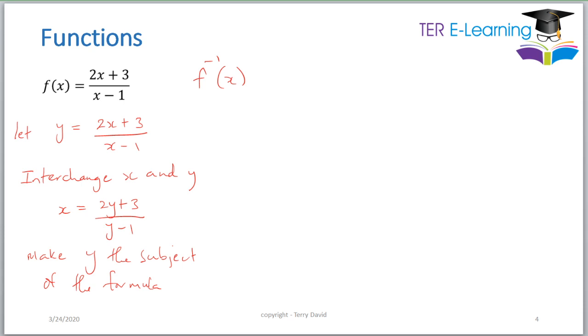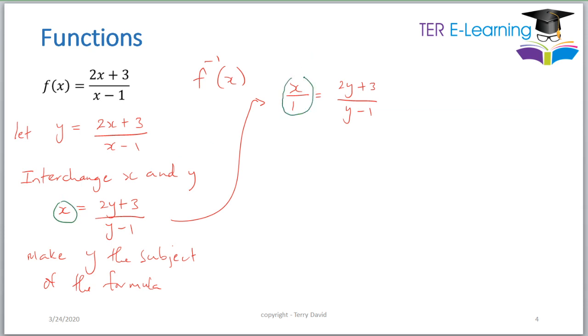Let's move across here and let me show you what I'm doing. We can write x as x over 1 is equal to 2y plus 3 all over y minus 1. I haven't really done anything with the equation. All I've done is taken the x and written it as x over 1.